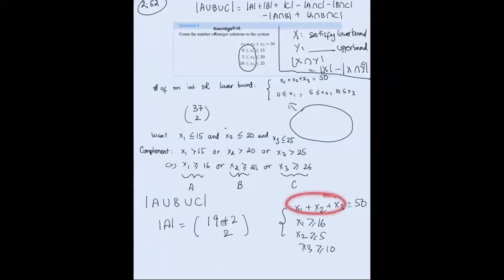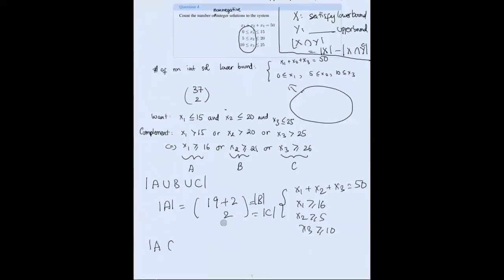And you have 3 bins, which means 2 dividers. So that's why the number of elements that satisfy X1 at least 16 and the other lower bounds will be this. And you should get the same number for the cardinality of B and the cardinality of C as well.